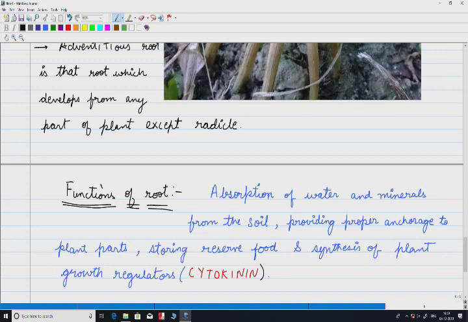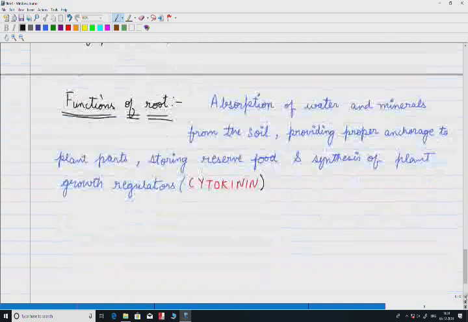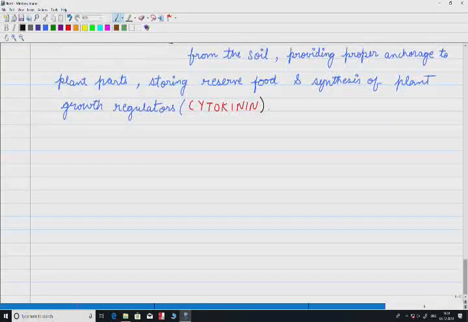Now we must cover regions of the root. Let's please put the next heading: regions of the root.